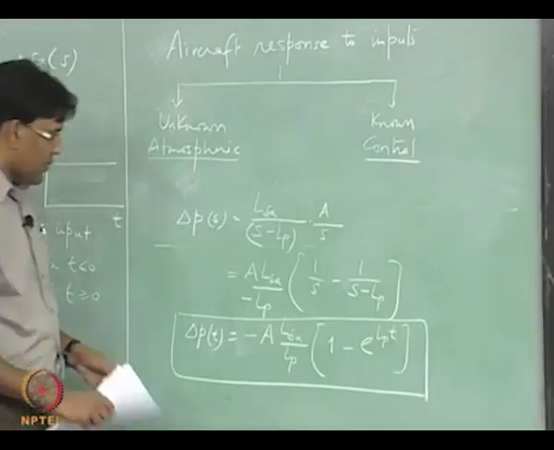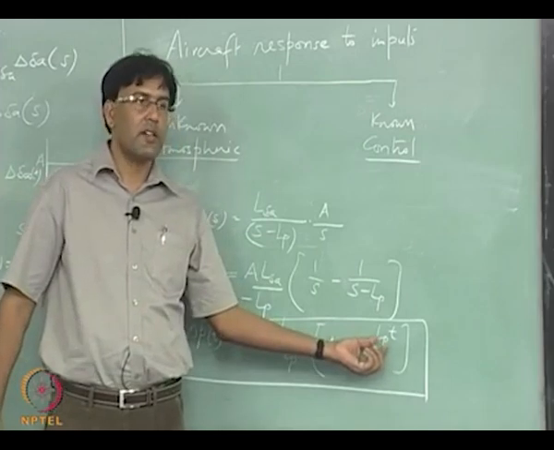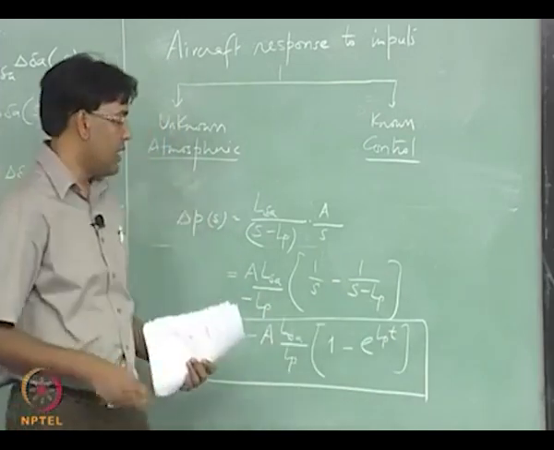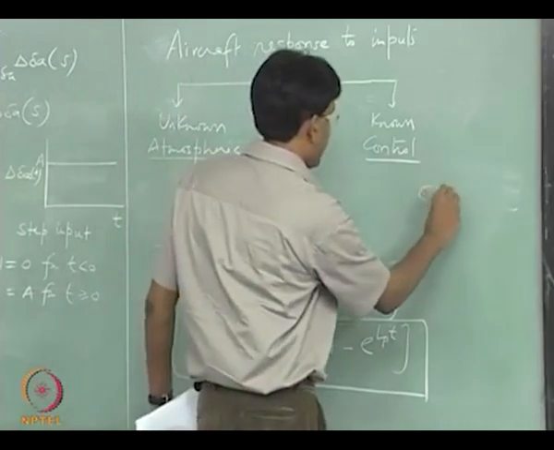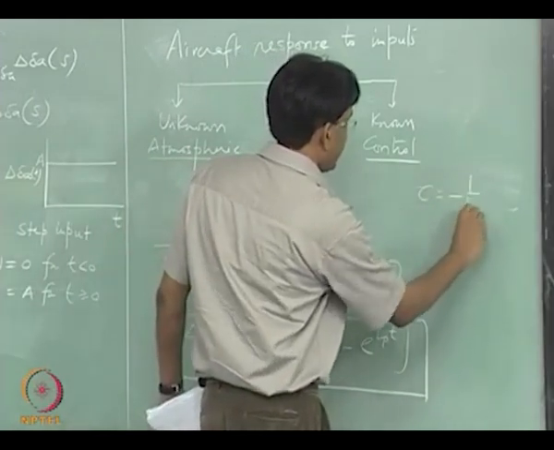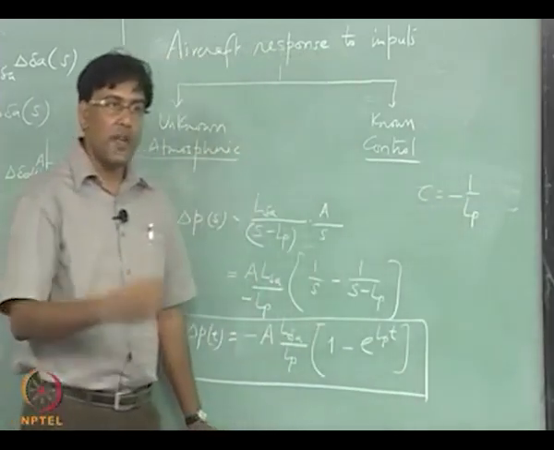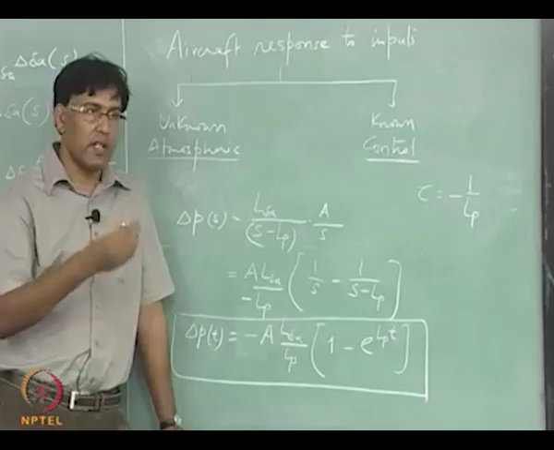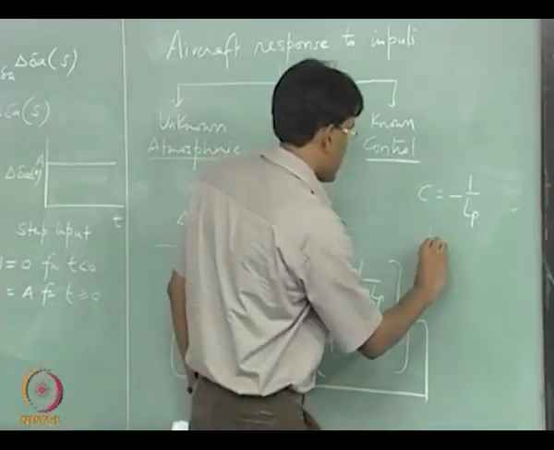So clearly it depends upon this LP. LP also gives us the time constant, right, and time constant we have defined to be this. LP is usually negative, okay. So the time constant is positive.